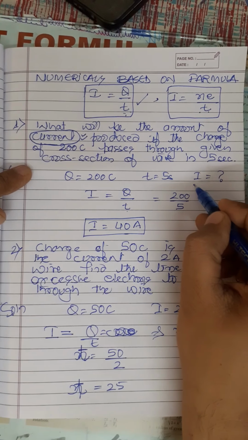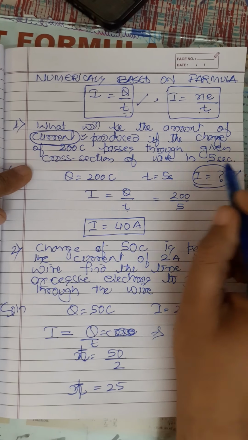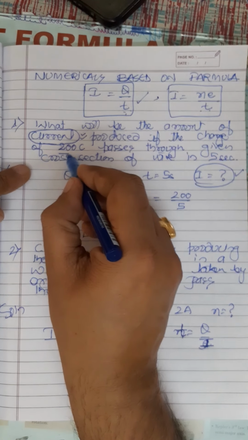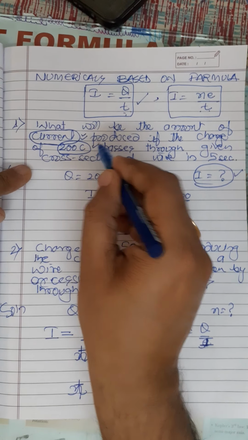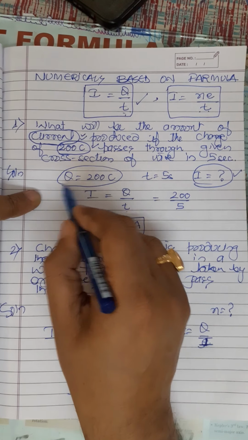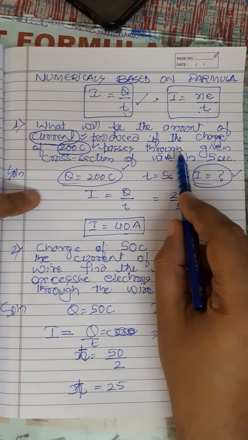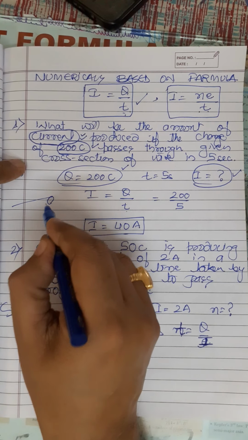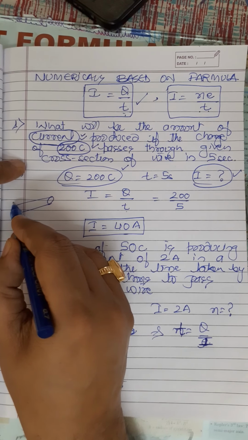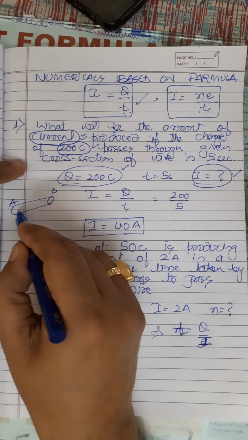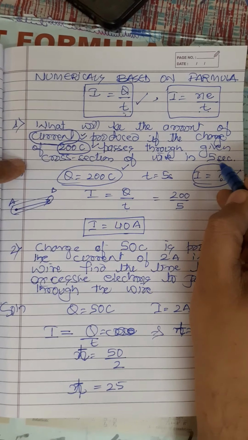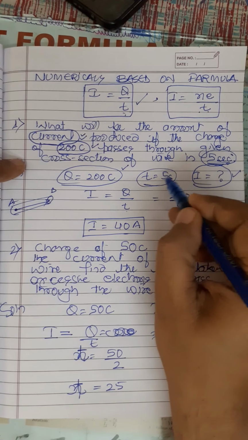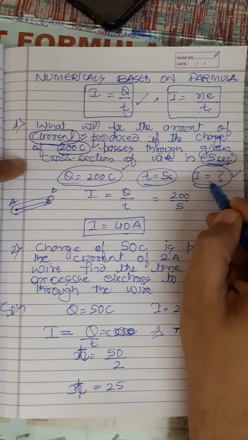We have to find the current produced if the charge of 200 coulombs, so write down charge is 200 coulombs, passes through a given cross section of wire. If we have a wire like this, the charge moves from point A to B in 5 seconds. Time is already given, 5 seconds. So time is given, charge is given, current you have to find.